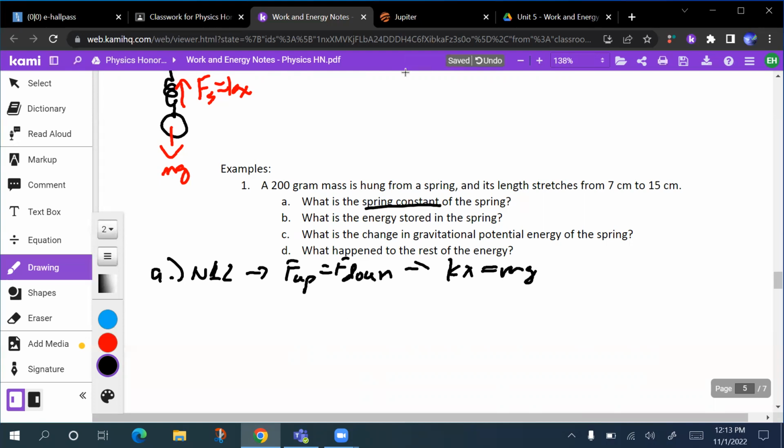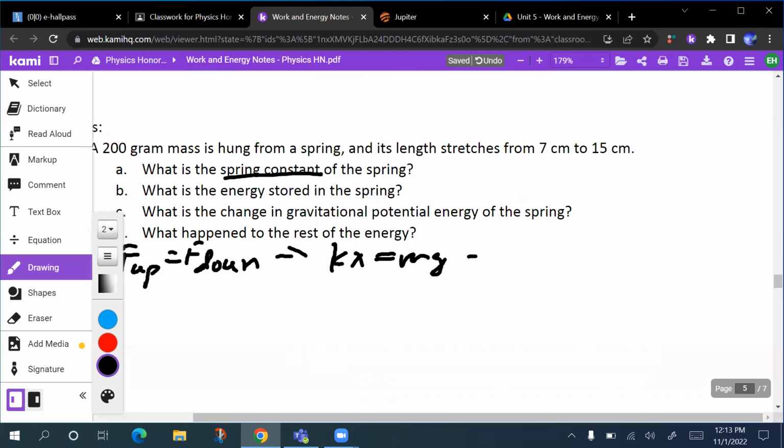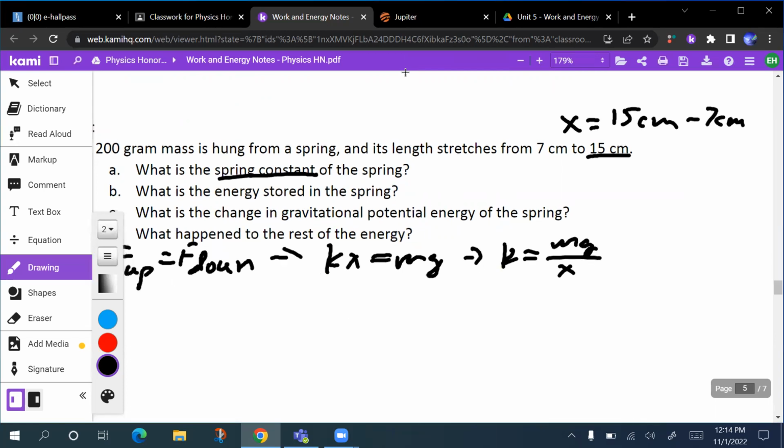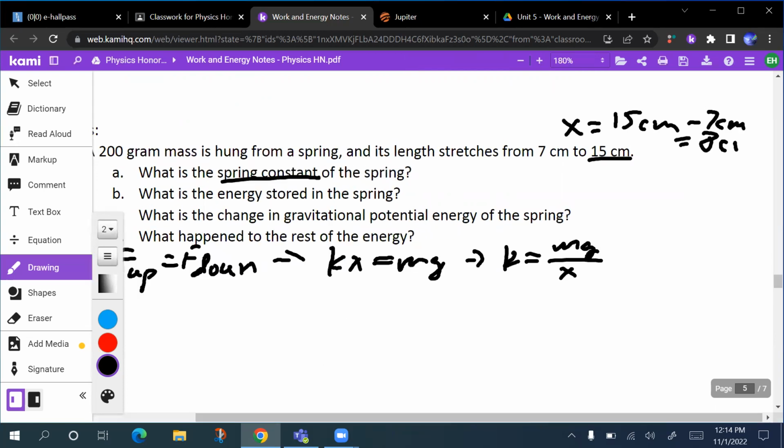K is the spring constant. So k equals mg over x. Now, again, this is where you have to be careful because x is not 15. Instead, it was stretched from 7 to 15. That means x is the difference between these, or in this case, 8 centimeters.